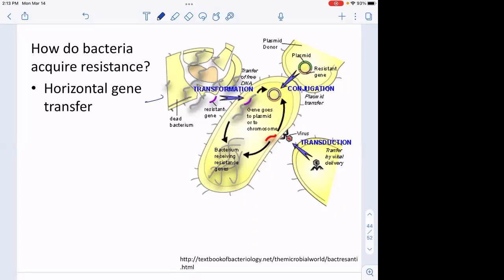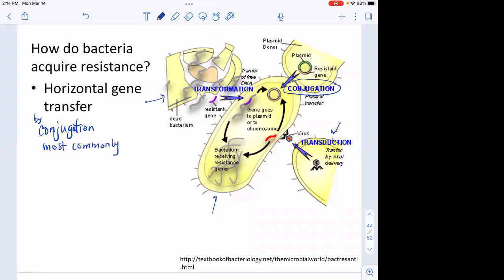We have transformation, where a cell that is dead releases its DNA, and then another cell takes up that DNA. We could have transduction, where a piece of DNA is carried by a bacteriophage and infects another cell. Or we think probably the most common way is by conjugation. So by conjugation, most commonly.